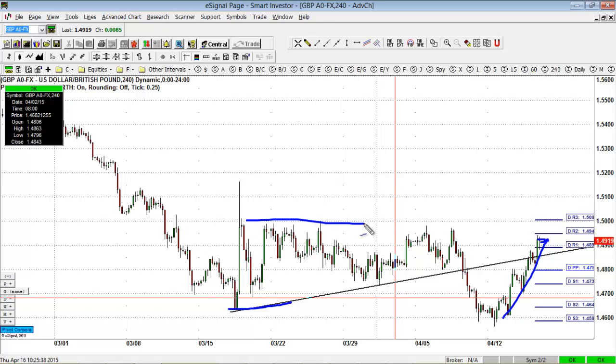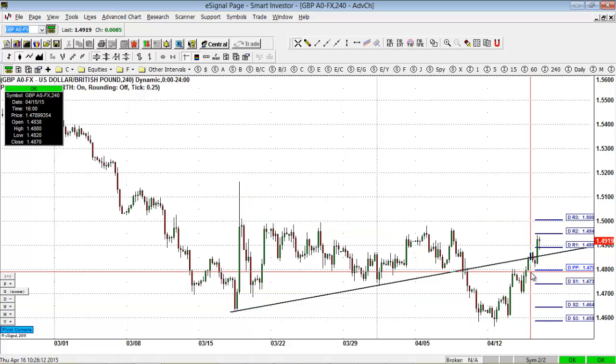Resistance in this market is at this 150 level and also above this 151 spike high. If we see the market move above this 151.50 or so spike high, we could see a test of 153. If the market fails to eclipse these levels here at 149.50 or so, we could see a move back down in the British pound.